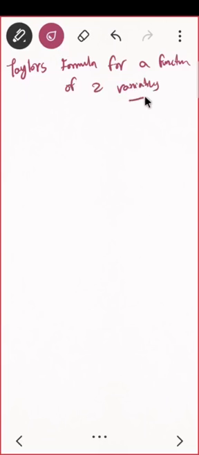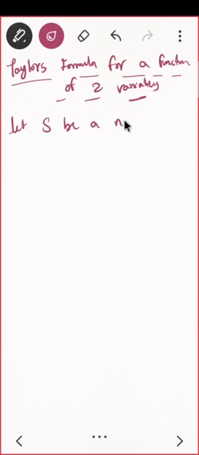Taylor's formula for a function of two variables. Okay, so let S be a non-empty open subset of R2.